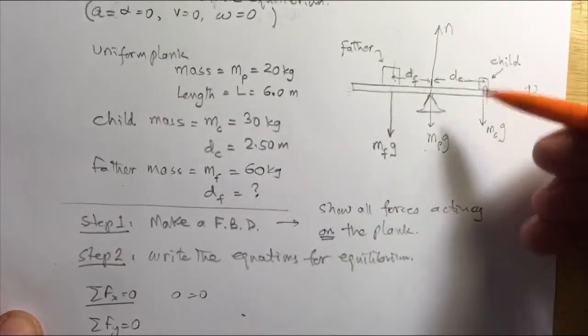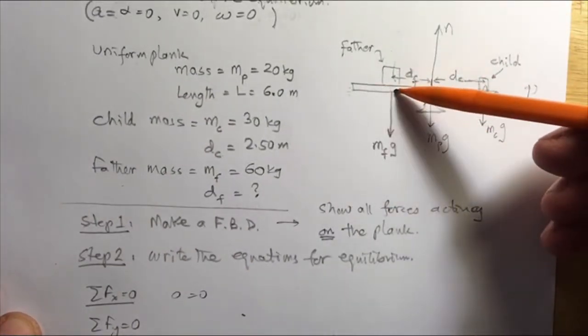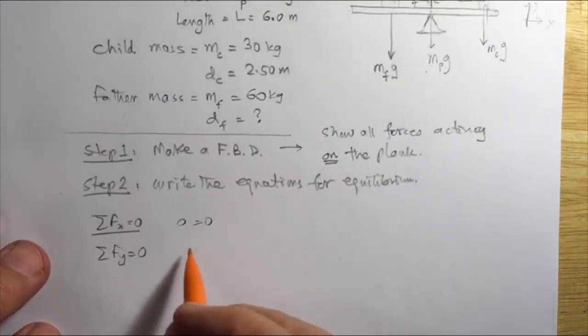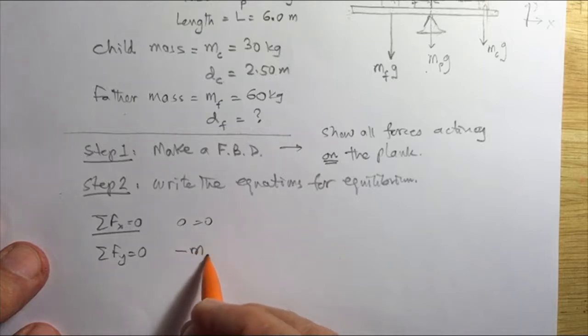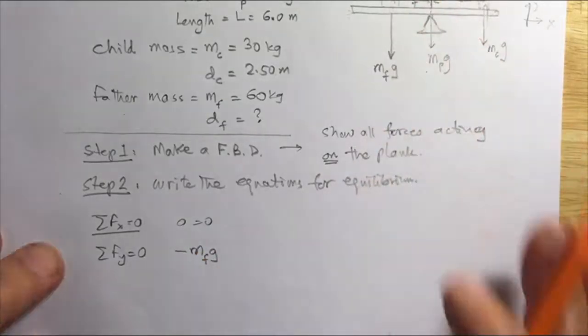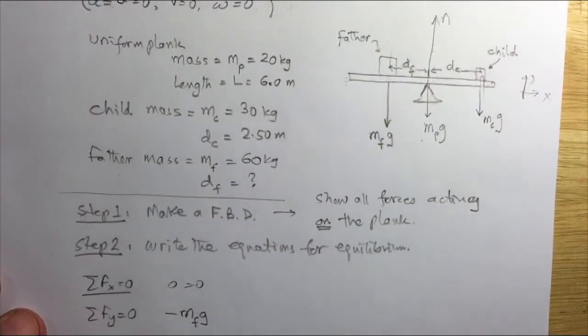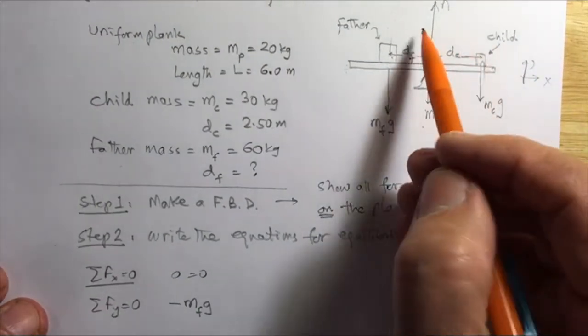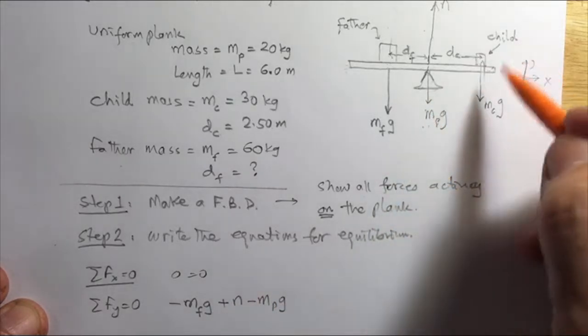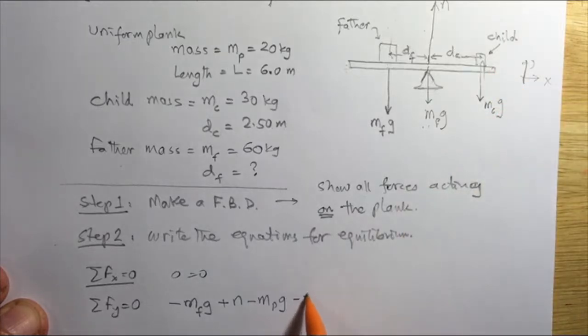So we need to add up all the y direction forces. So we have this one, which is a negative force. So we'll write minus MF G. Then we have the normal force pushing upwards, so it's plus N. Then we have minus mass of the plank G, and then we have the weight of the child, minus MC G, and they all add up to 0.